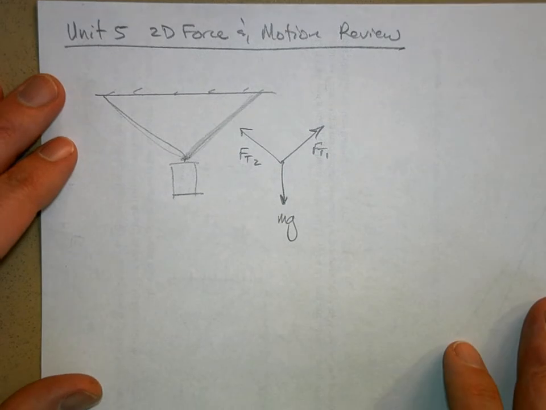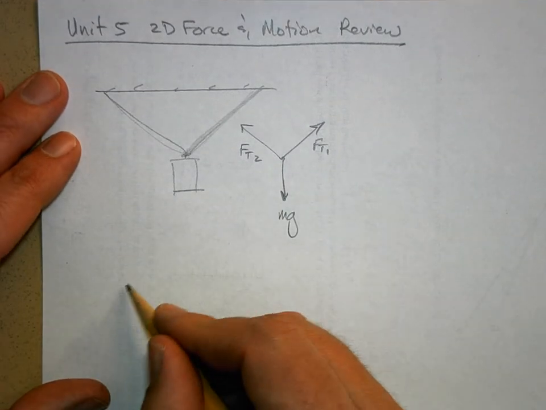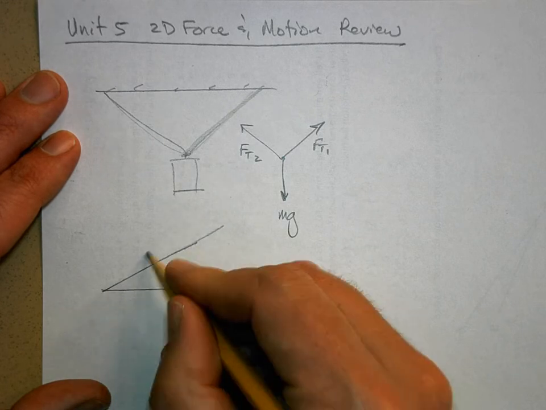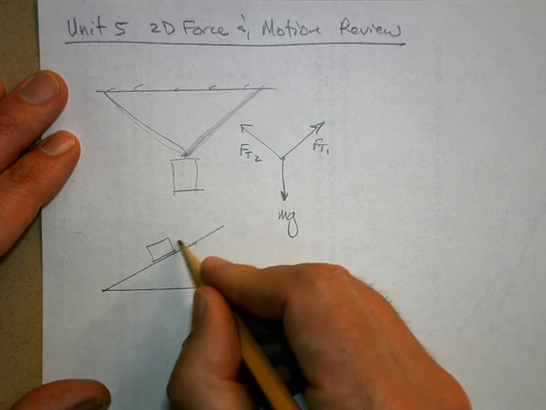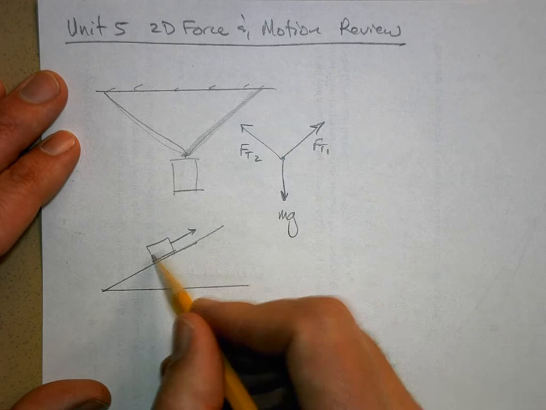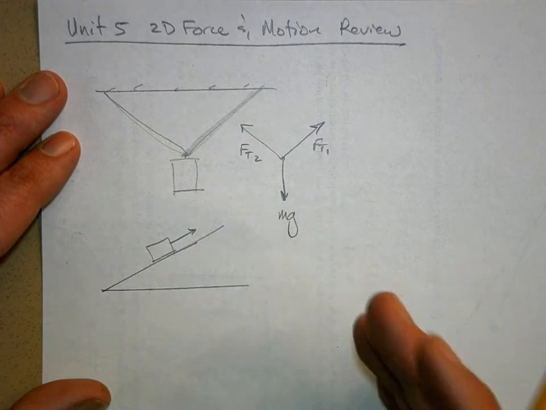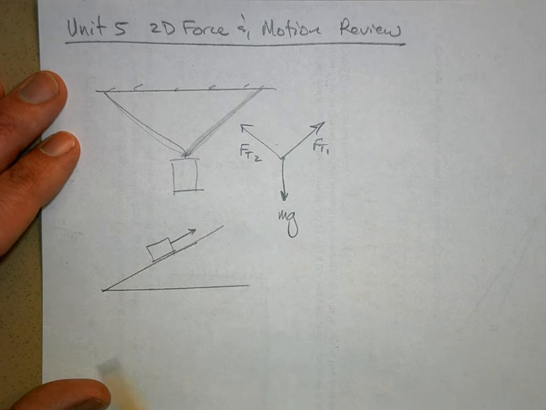Then you're going to have an inclined plane problem where, here's my object, and there might be an applied force, there might not be, it might just be sliding down. You have to really look at the problem to draw the free body diagram correctly for both of these.